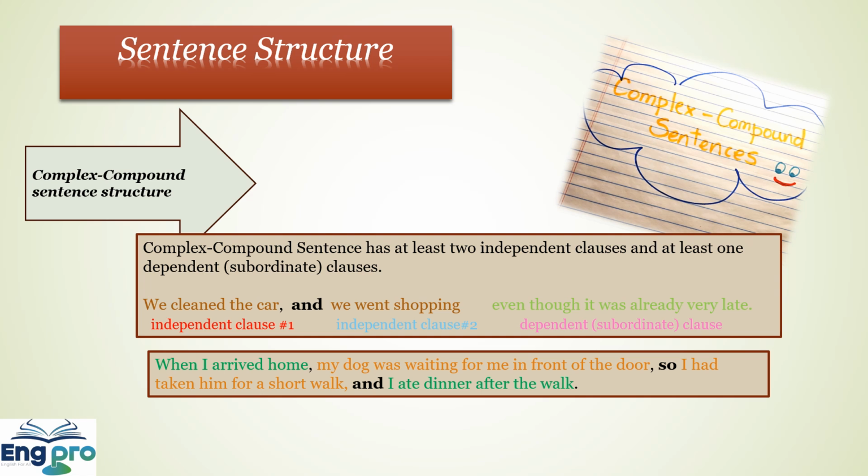So let's talk about a little bit of the function of compound and compound complex sentences. Their idea is to connect similar ideas, or sometimes they're used to compare and contrast some ideas, especially when we're writing about two different things.